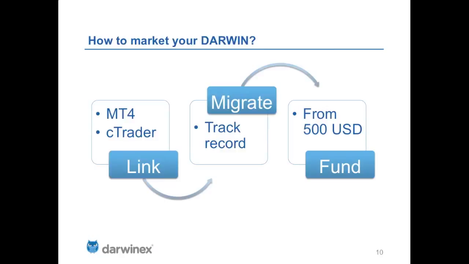And you can fund your real account from an amount of $500 US. That is to say, you could maybe start with a test account to verify that our execution conditions are really amazing. And of course, you would then have to grant us permission to transform your strategy into a Darwin, because the last thing we would do would be to market your intellectual property without your permission.